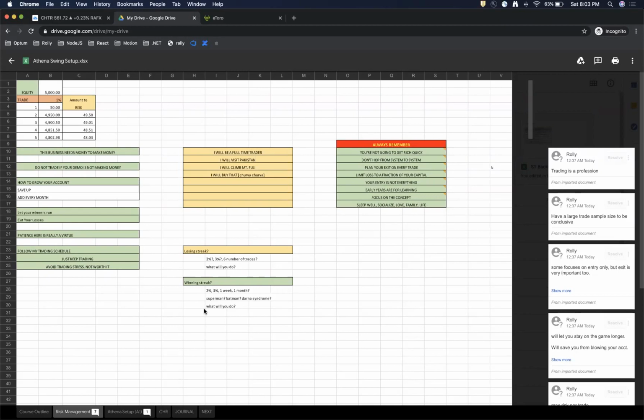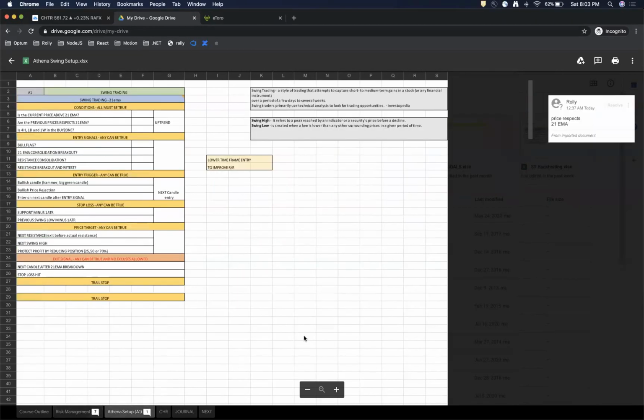Nice. Thank you. So next is we are going to the actual rules about the A1 swing setup that we have. So this is the rule sets or the plan that you're going to use, the identifiers or the parameters that you check before you enter a trade.